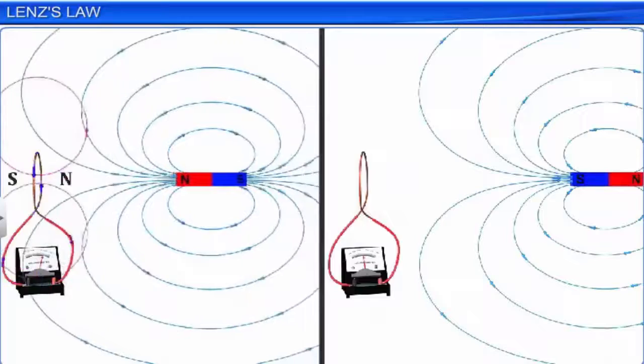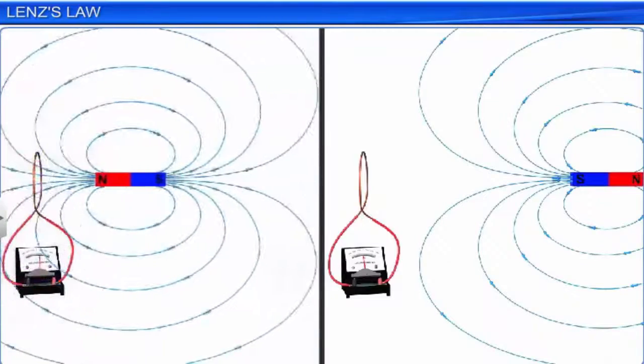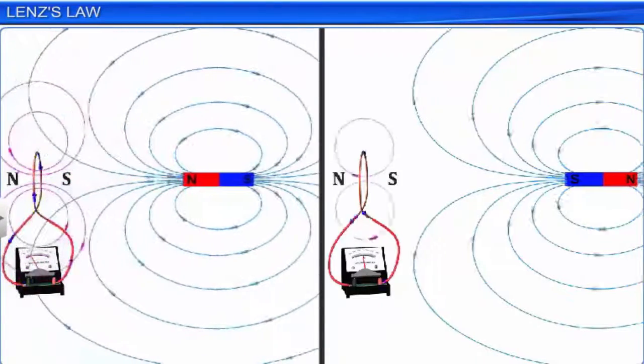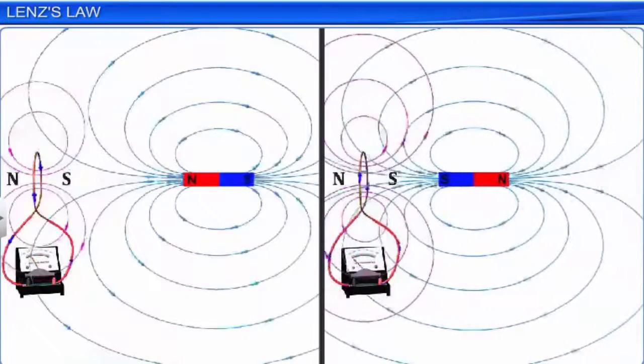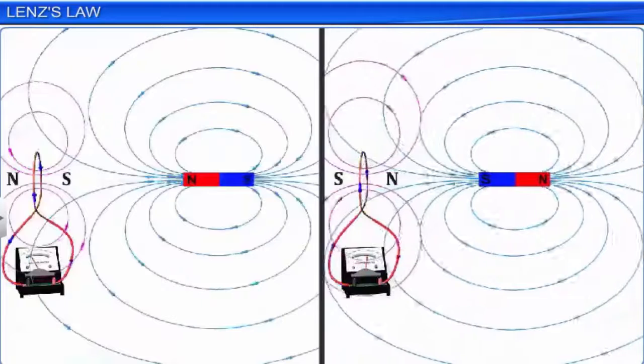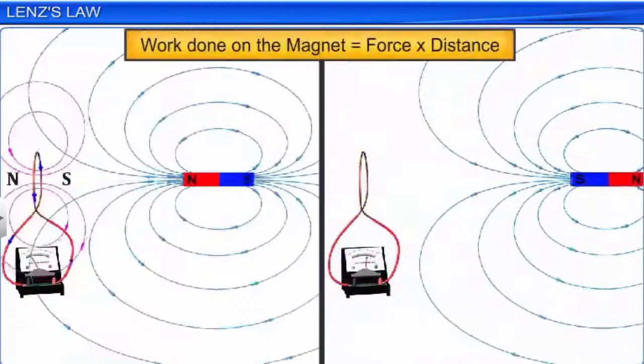In all the experiments discussed, a force is required to move the magnet bar either towards or away from the coil. The product of the force and the distance moved gives the work done on the magnet. The work is done by spending some mechanical energy by the person conducting the experiment.